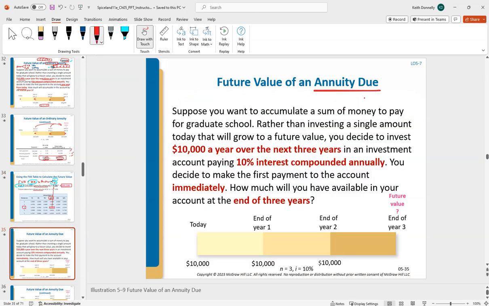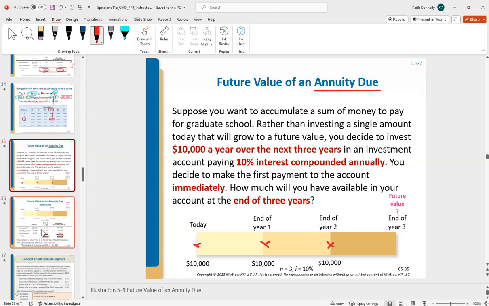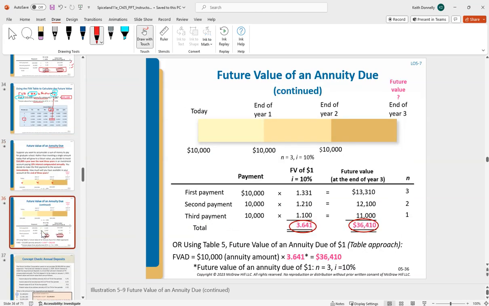Right, here's another example, same facts, except it's an annuity due. Right, it's at the beginning of the period. Right, you could do it individually for each payment, or you could use the tables right down here. Right, you can see it's worth 36,000.